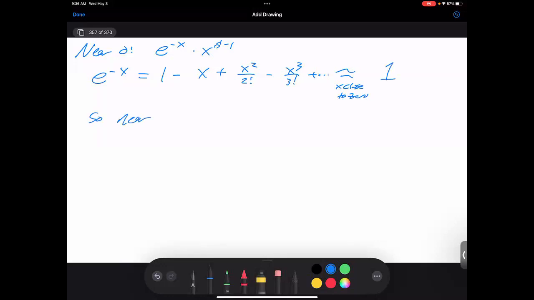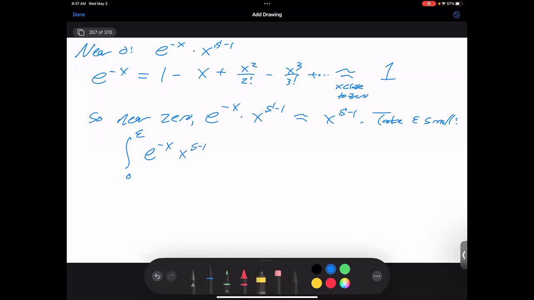So near 0, e to the negative x times x to the s minus 1 is approximately x to the s minus 1. So if I integrate from 0 to some small epsilon of e to the negative x, x to the s minus 1 dx, that's approximately integrating from 0 to epsilon of x to the s minus 1 dx.